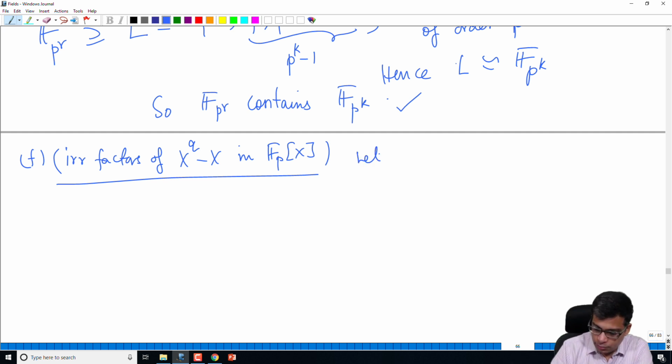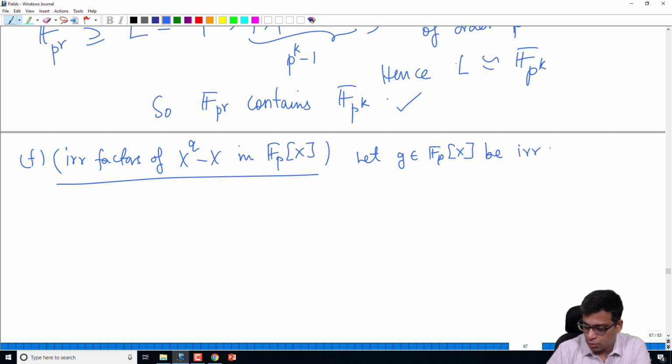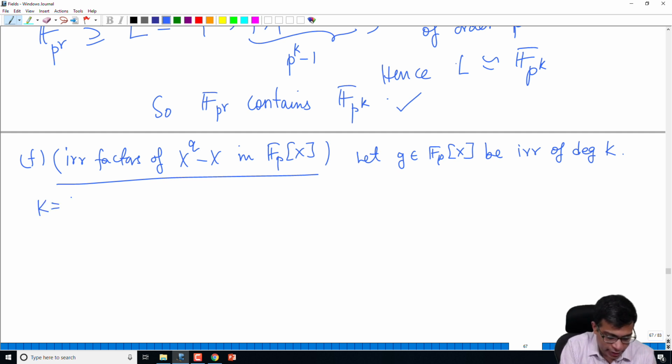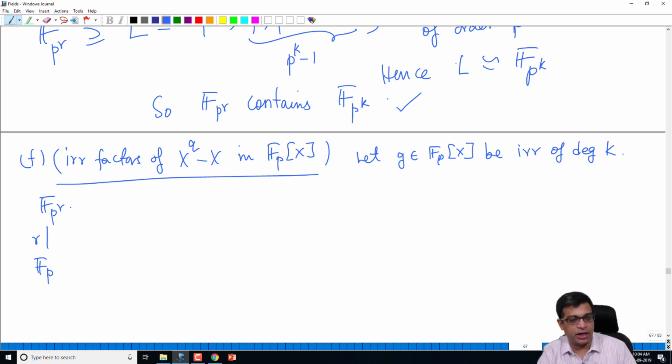So let g in Fp[x] be irreducible of degree k. Now we are going to work with K, which is F p power r, sitting over Fp. This is a field extension of degree r, and remember x power q minus x splits completely in F p power r.